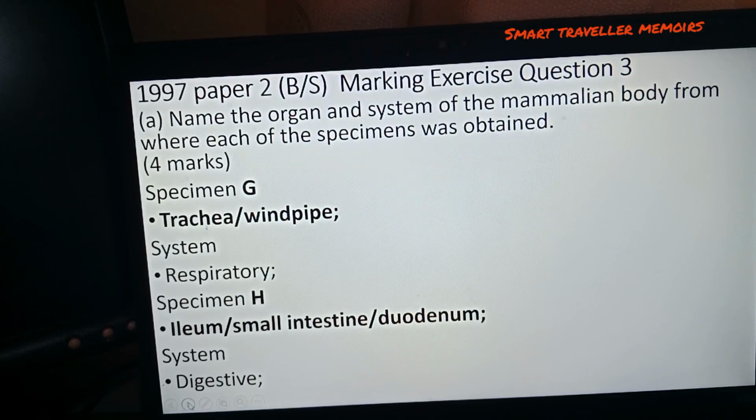Question 3, marking. Name the organ and the system of the mammalian body from where each of the specimens was obtained. Specimen G is obtained from trachea or windpipe. System is respiratory. Specimen H is obtained from ileum or small intestine or duodenum. The system is digestive system.